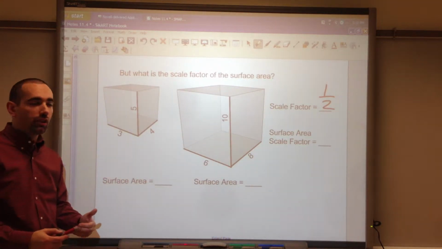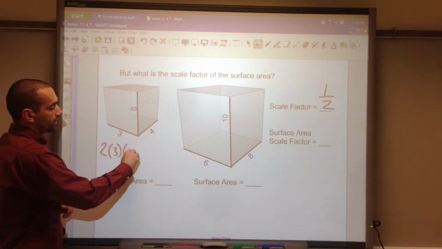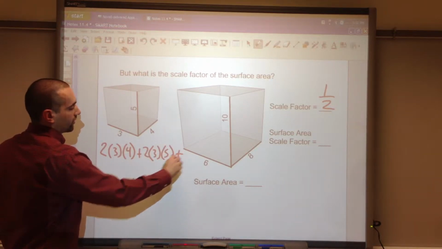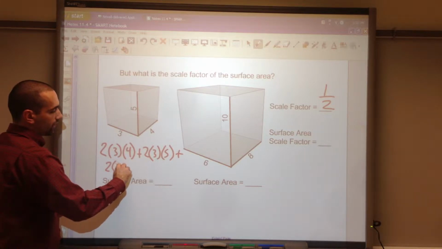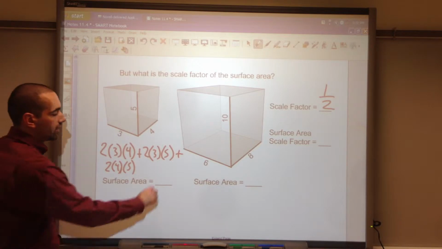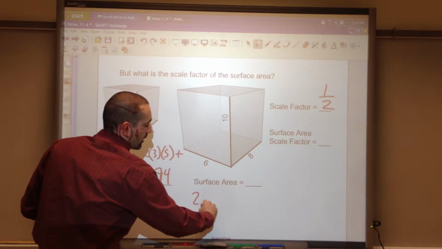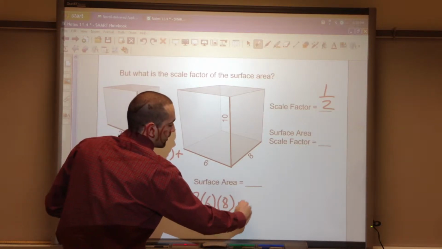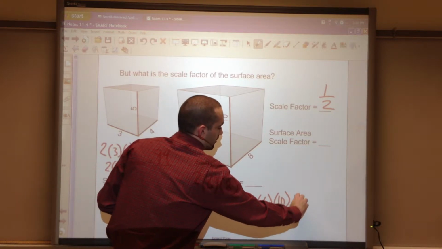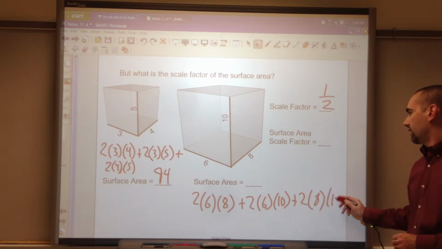Let's plug in the formula. Let's find out the surface area. 2 times length width, 2 times length height, plus 2 times width height. Multiply all of that, you get 94. Surface area of this one, 2 times length width, plus 2 times length height, plus 2 times width height.